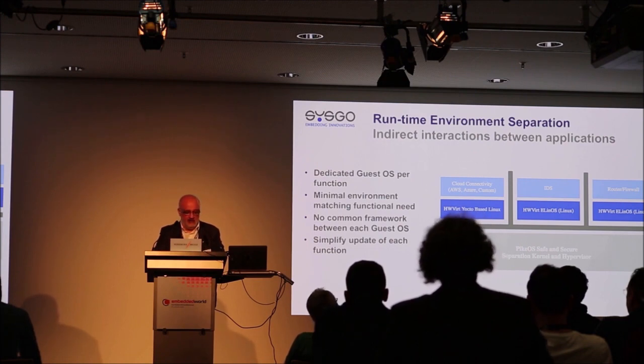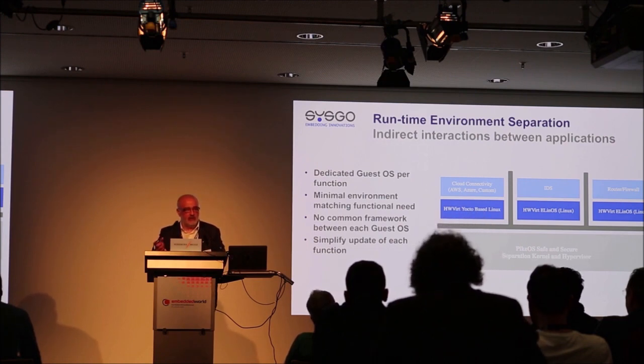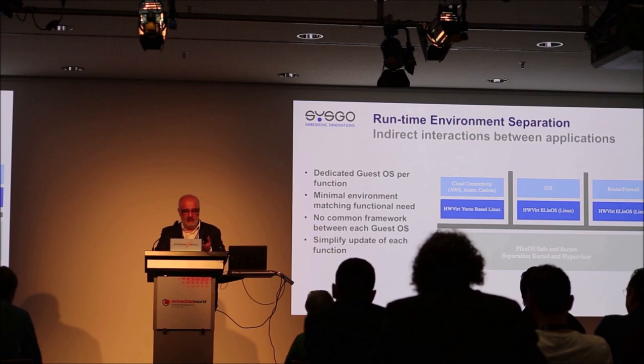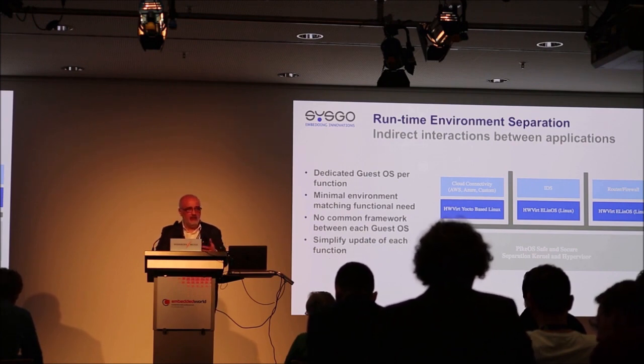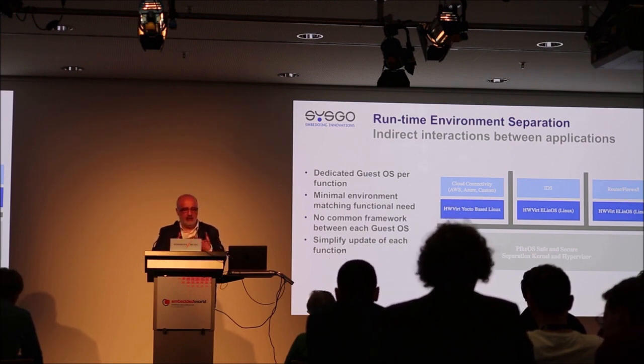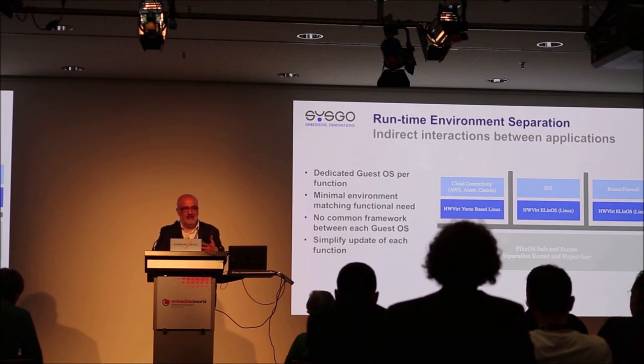Okay. It's easier because you don't depend on external frameworks. It's easier also because if you want to update a kernel, you can update your cloud connectivity, you can update the kernel, you can update all the applications, and the rest of the system will remain completely unchanged. And because of static configuration, you are ensured that in terms of memory usage, in terms of CPU usage, this partition will have no influence on the other one.